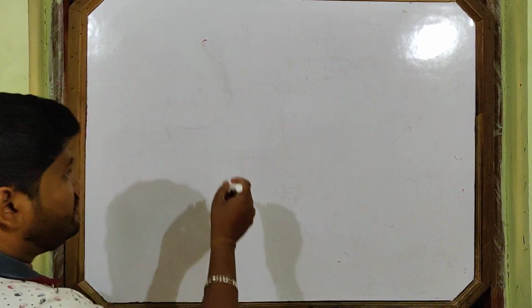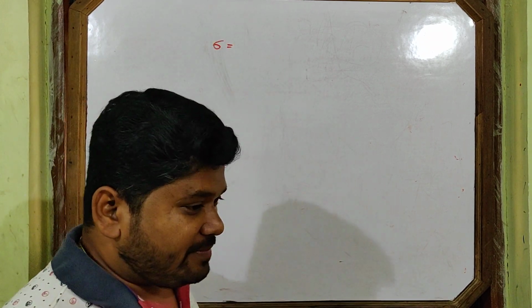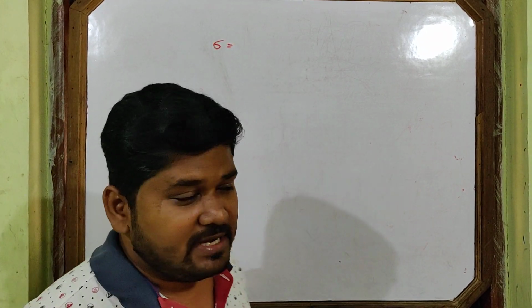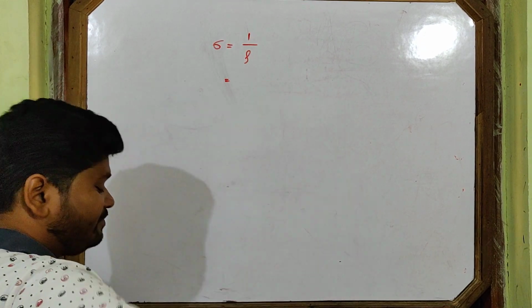In an exam, if the question comes, define conductivity, you write: the reciprocal of resistivity is called conductivity. For conductivity we write the symbol sigma. It is the reciprocal of resistivity, 1 by rho.